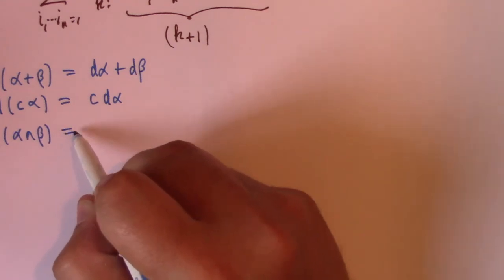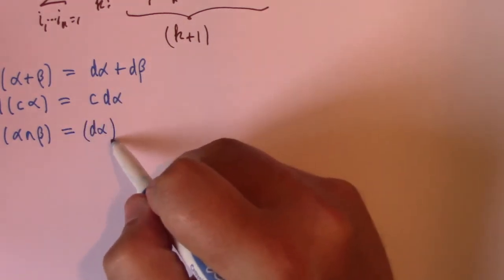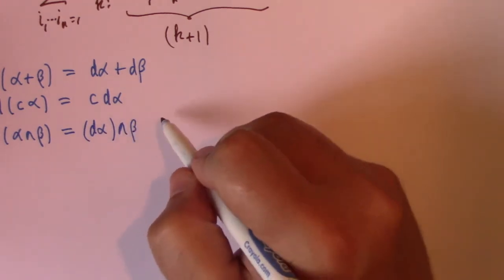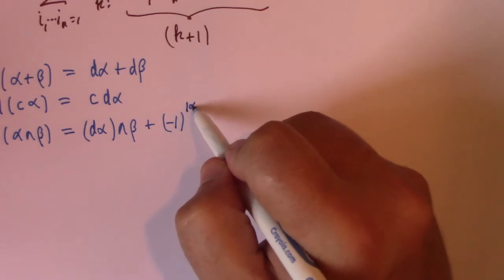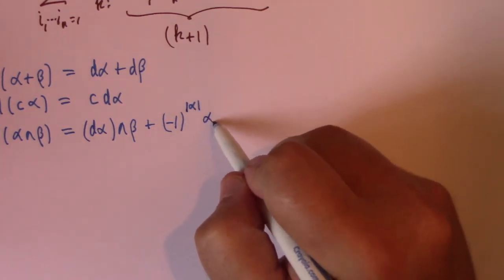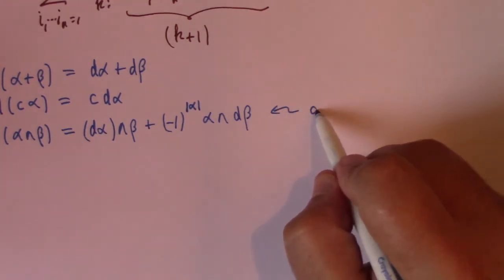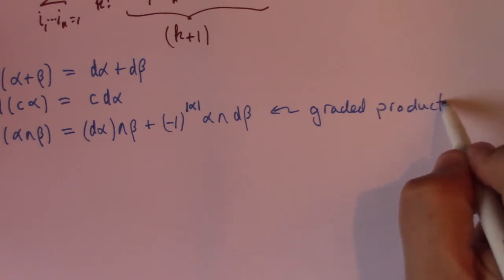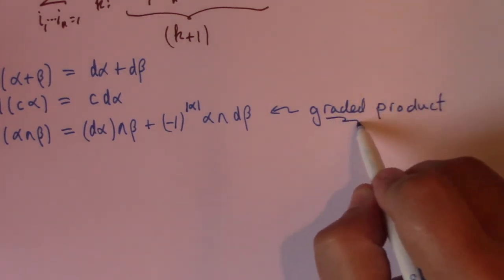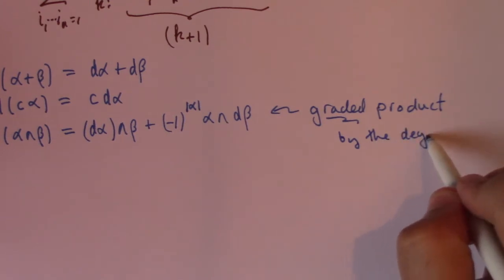We're always thinking homogeneous. Then I have d alpha wedge beta, plus minus 1, and I'll use this notation, the degree of alpha, alpha wedge d beta. So this is a graded product rule, right? And the grade is by the degree of the form.